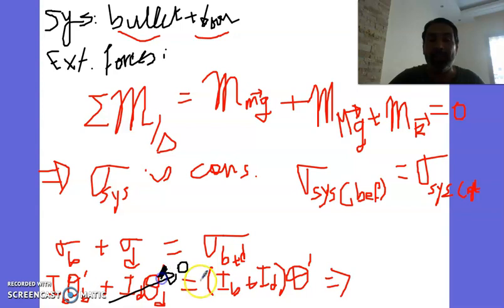This is only theta prime of the bullet. You know that for a particle, I is m r squared.